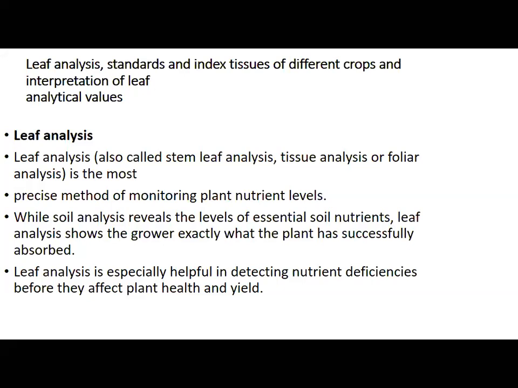Every time during cultivation of any crop, we have to restore soil fertility.